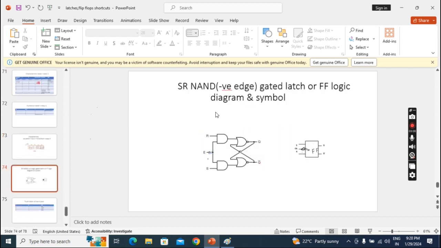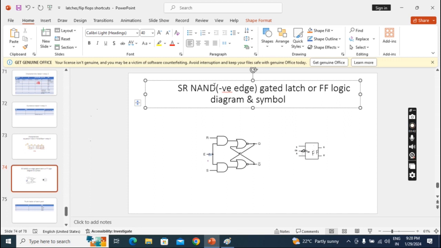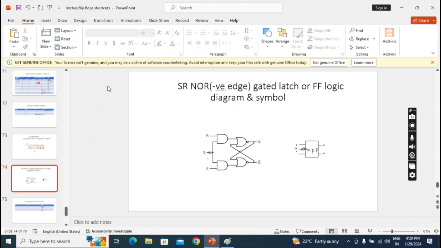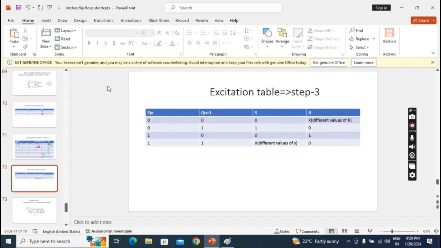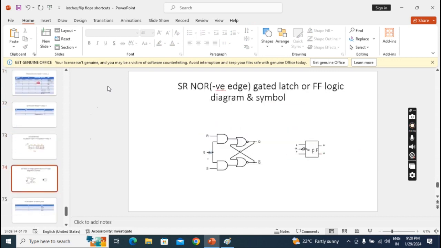Now negative edge with NOR. Okay, we'll check once previous also. Okay, NOR. So negative edge with NOR.